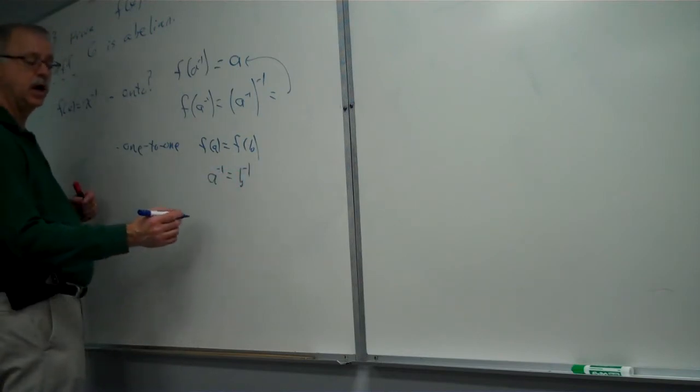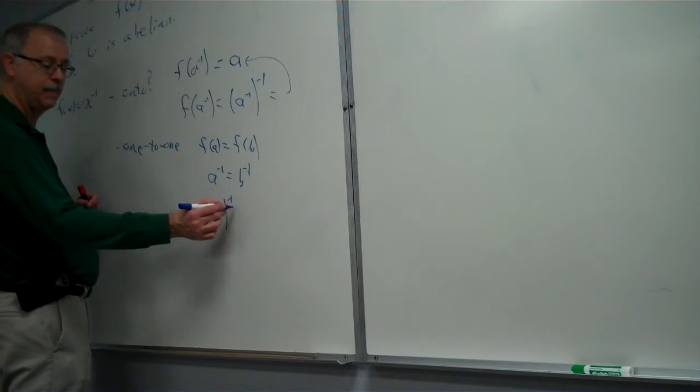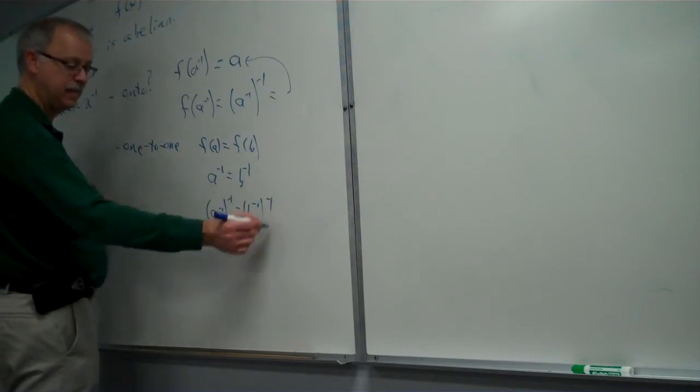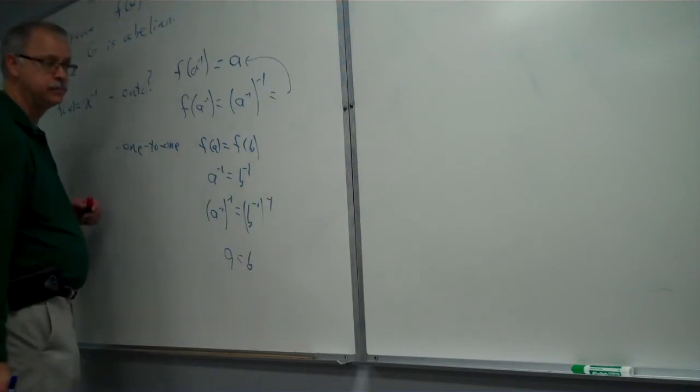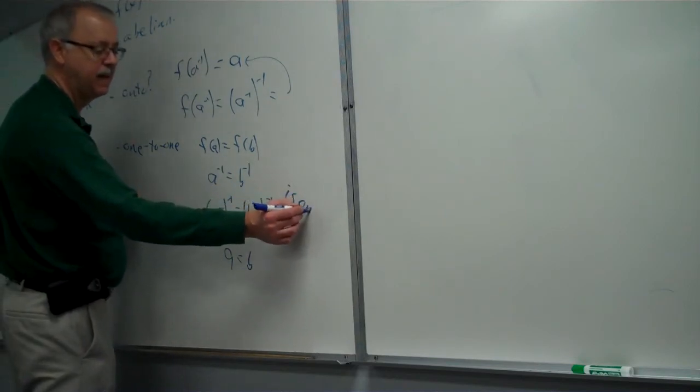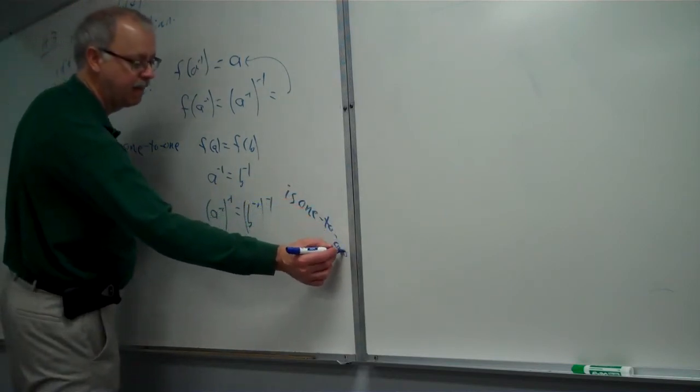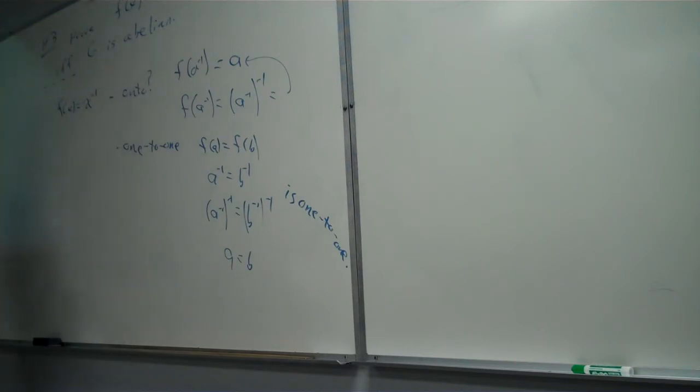If we take the inverse of both sides, A has to equal B. So the mapping is onto, it is 1 to 1, regardless of whether the group happens to be abelian or not. So the question here is, what does abelian have to do with finishing this up?